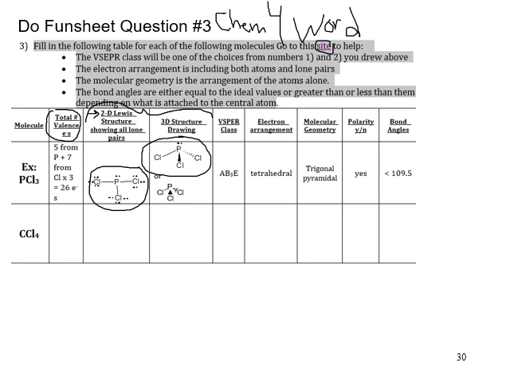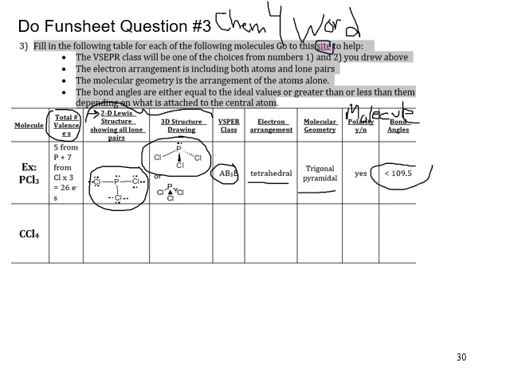So your goal is to go to the site. You can do this part first if you want to: figure out the VSEPR class, then the electron arrangement, then the molecular geometry, and then, going through what we were doing earlier, figure out whether the molecule is polar. Not each bond, though you have to go through each bond, but whether the molecule as a whole is polar, doing the same type of analysis that we did before.